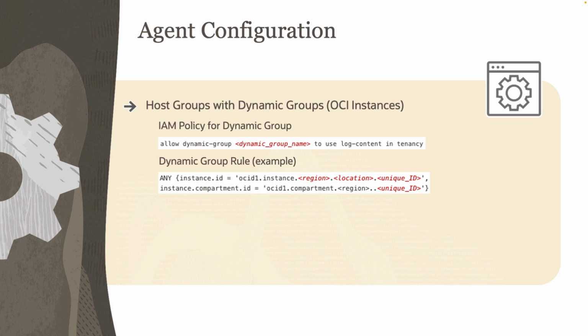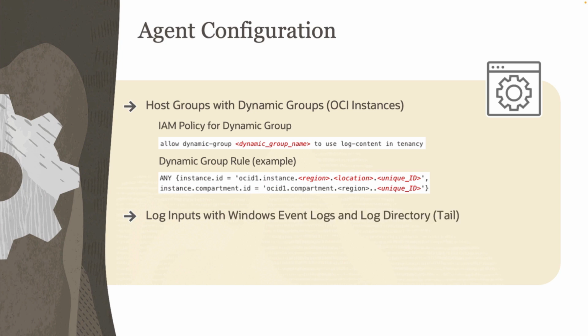You would also need to create an IAM policy for this dynamic group, and here is an example to show the syntax of this policy. Allow dynamic group, with the name of the group, to use log-content in tenancy. The dynamic group would contain a rule that defines the host, specifying multiple instance OCIDs or compartment OCIDs.